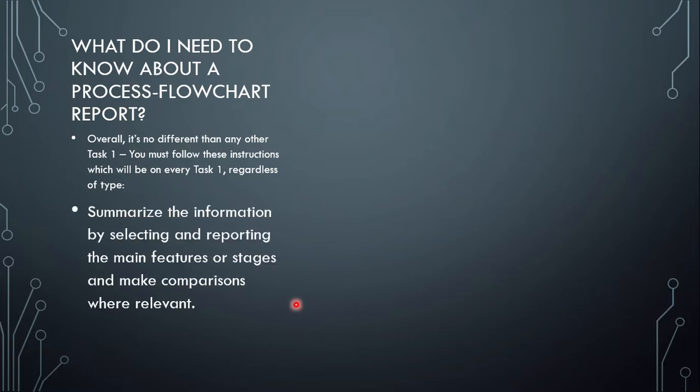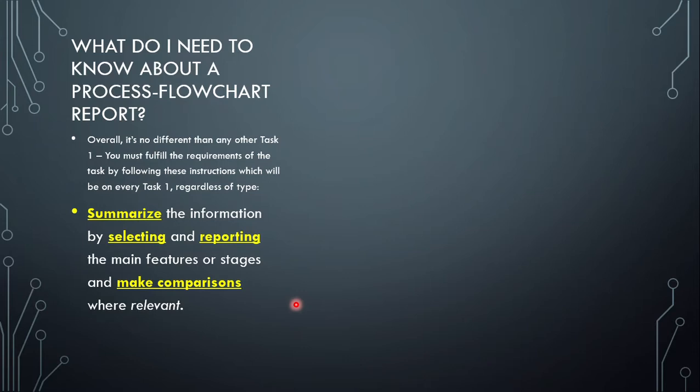following these instructions. Every task 1 nowadays, not the one that we'll see tonight, but they all begin like this. They include this instruction. What are the important words here? Summarize the information.